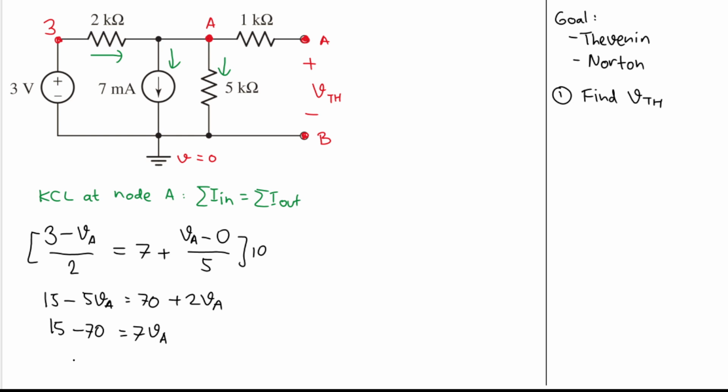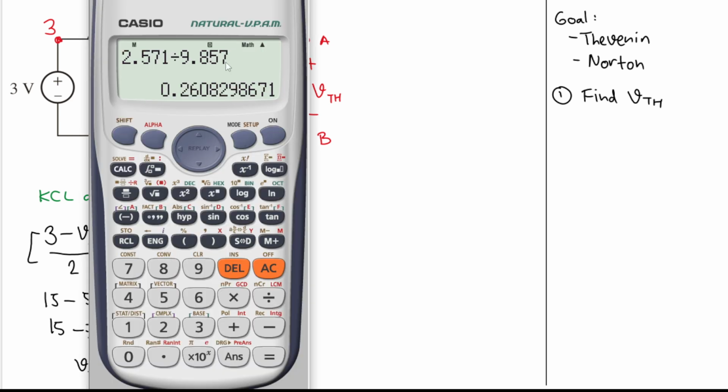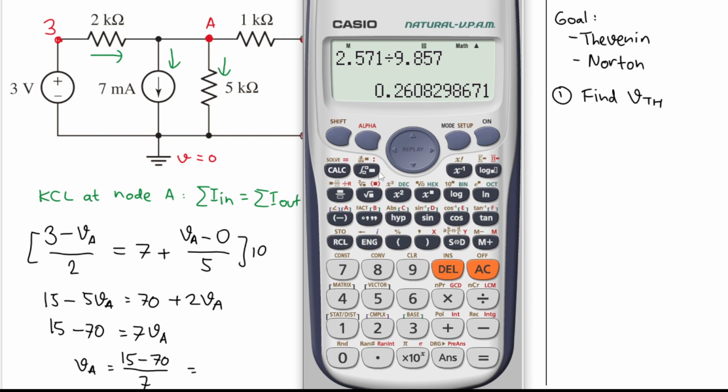But then we can isolate VA, so I have VA equal to 15 minus 70 divided by 7. And I think I just plug this into the calculator. Okay. We have 15 minus 70 in the numerator and then 7 in the denominator. So we'll have that value here.